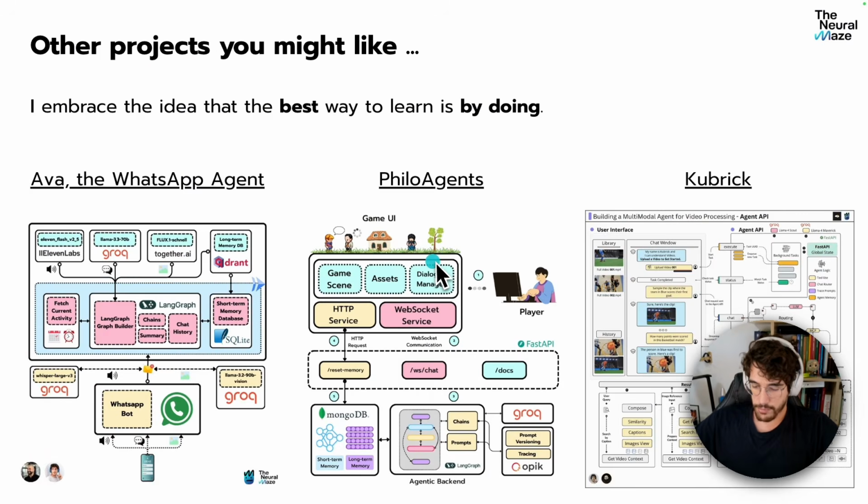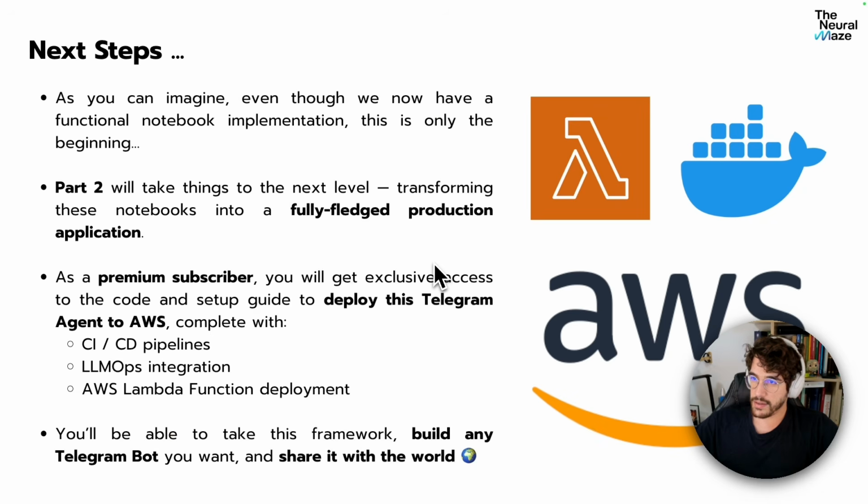So I will give you much more detail here in the next steps. So as I was saying, even though we now have a functional notebook implementation of our Telegram bot, this is only the beginning. Part 2, next week, will take things to the next level, transforming these notebooks into a fully fledged production application.